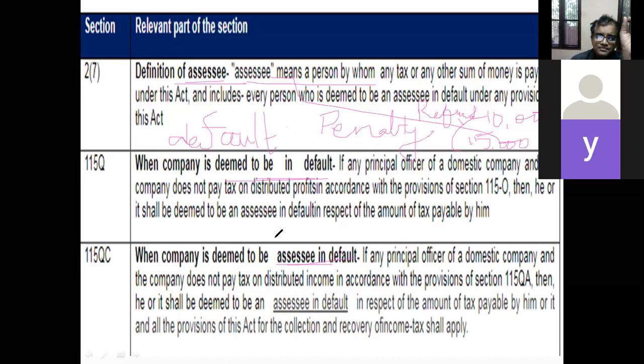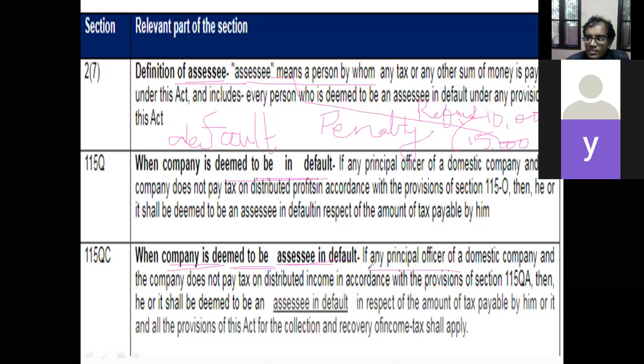Coming to a company, a company is not a physical person. So on behalf of the company, a certain person, he may be the managing director or a manager who is in charge of the tax department in that company, has to take care of payment of tax in time. So the assessee company is deemed to be assessee in default.